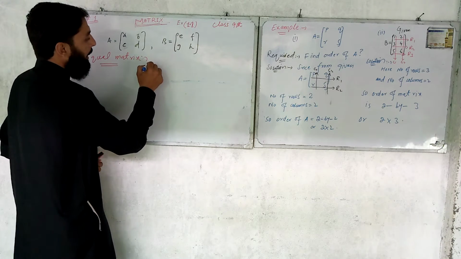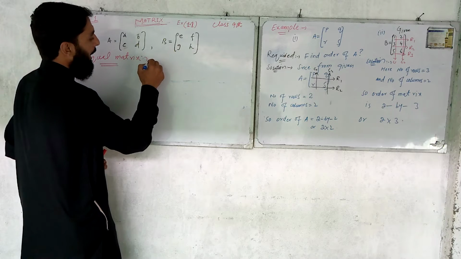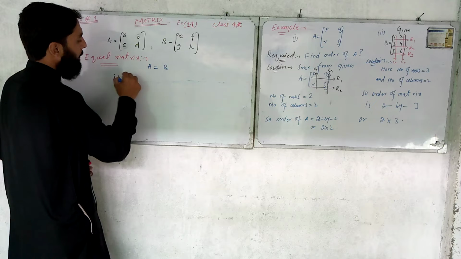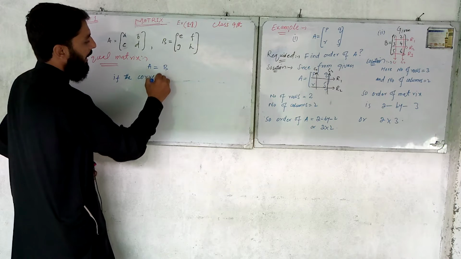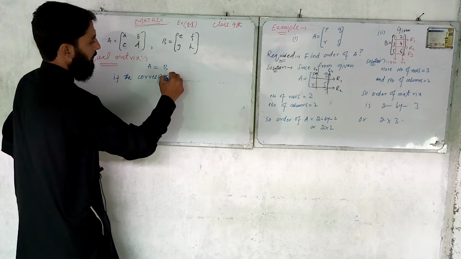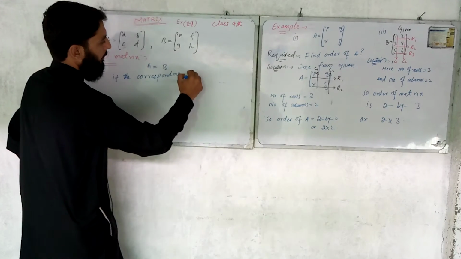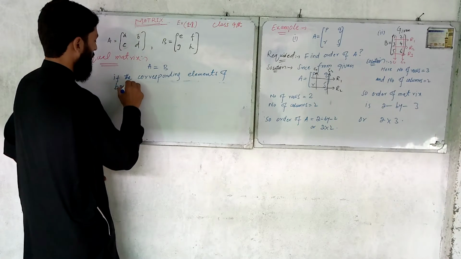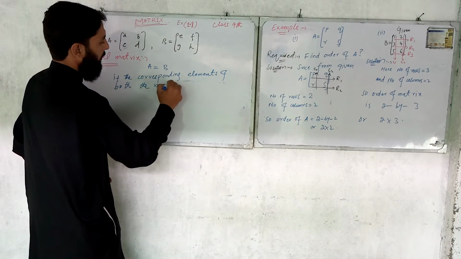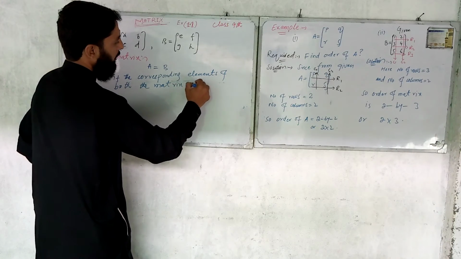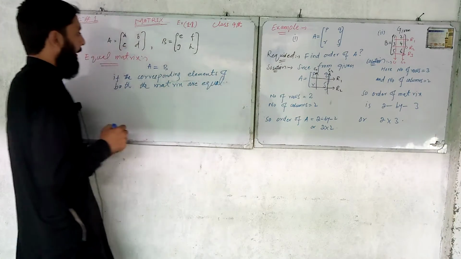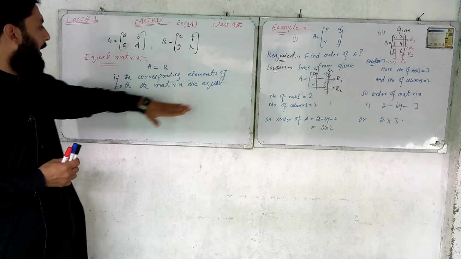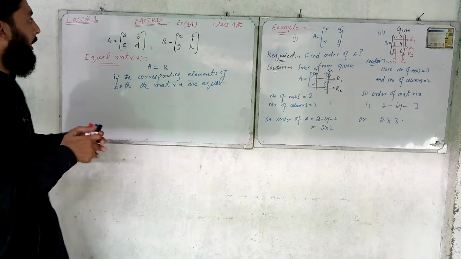A and B are said to be equal matrices if the corresponding elements of both matrices are equal.